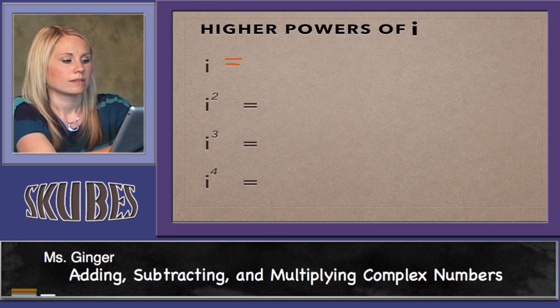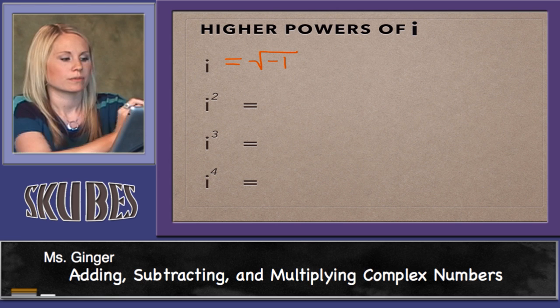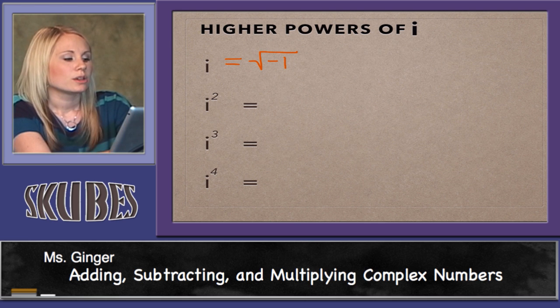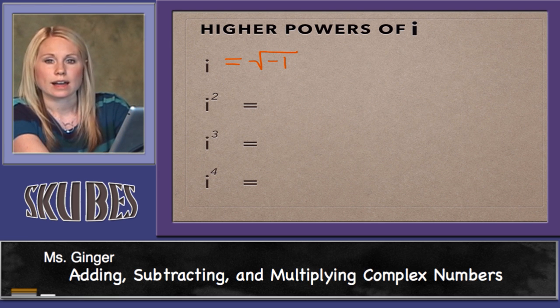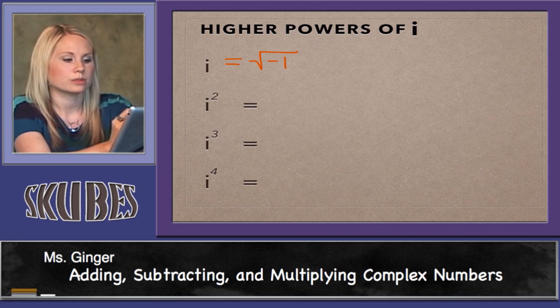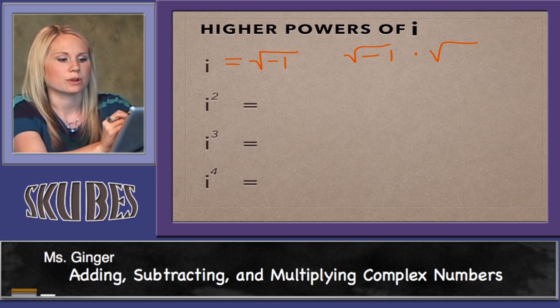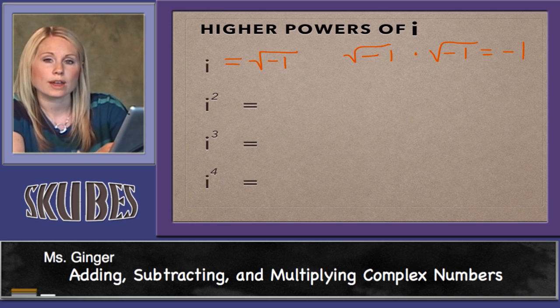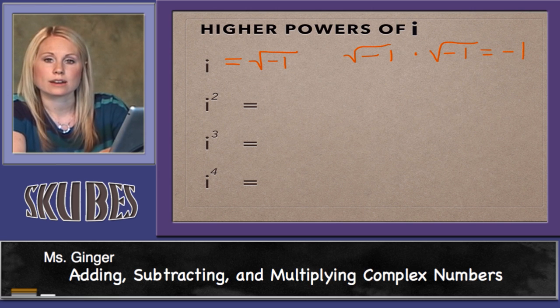Remember that i comes from the square root of a negative number. i is equal to the square root of -1. That is its value. So when we look at higher powers of i, for every 2 of those, square root of -1 times another square root of -1, we are going to have -1. So remember, for every i squared, that is going to equal -1, and we looked at that in our example.